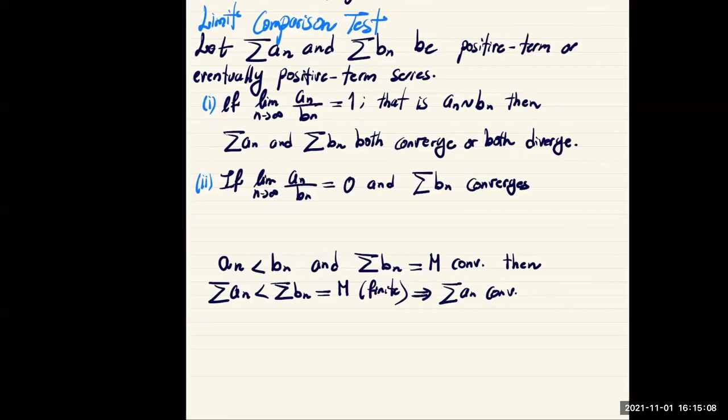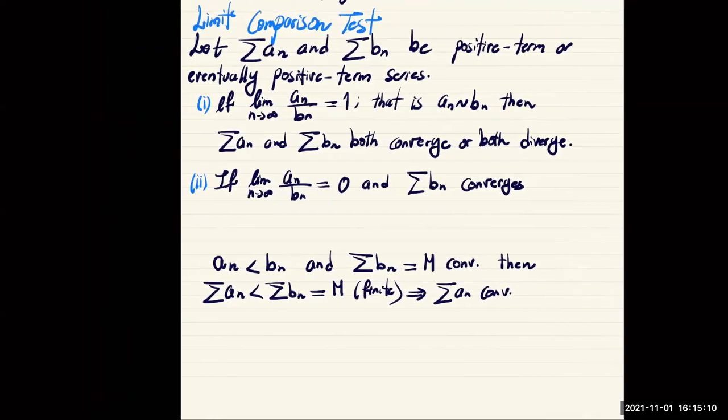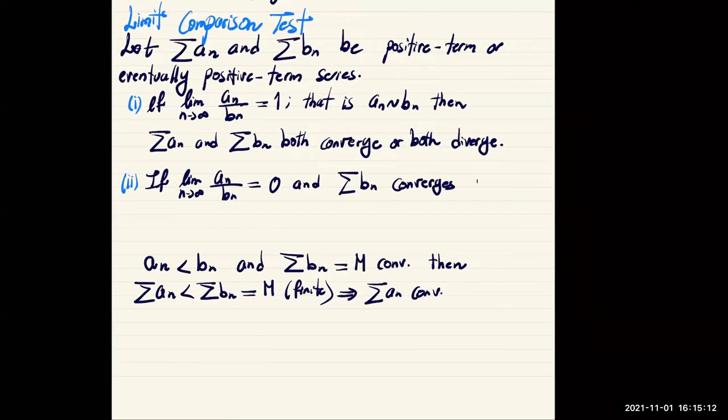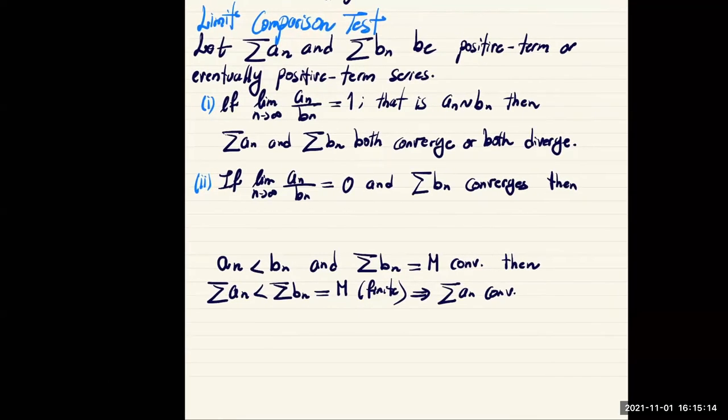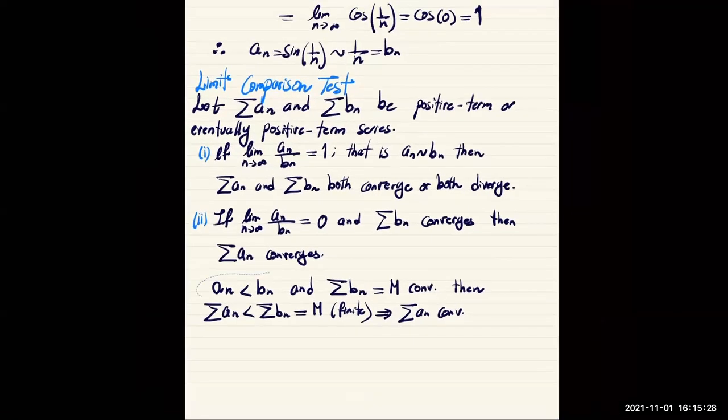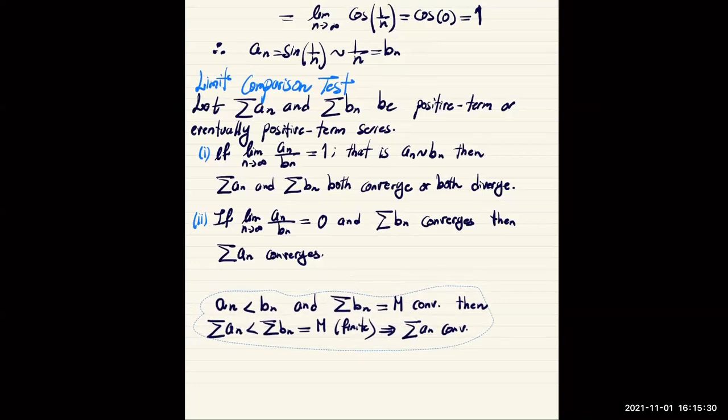If the series of b sub n converges, then the series of a sub n should also converge. I wrote down the reason down here. This is just a basic comparison written differently.